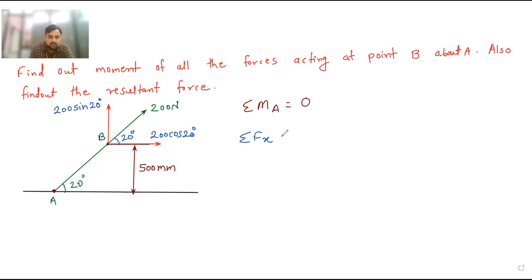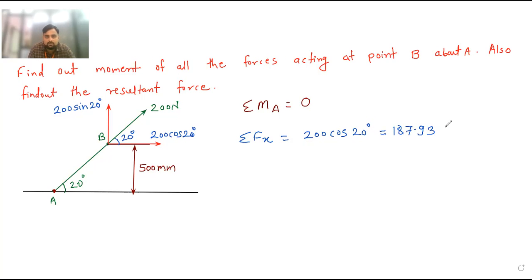Summation Fx is equal to 200 cos of 20, which is equal to, what is the answer of summation Fx? 187.93.